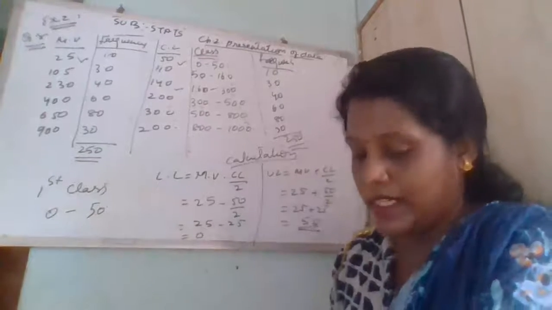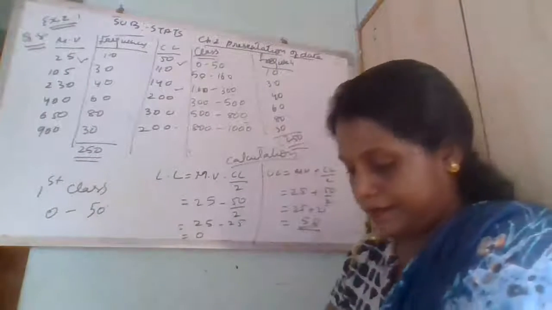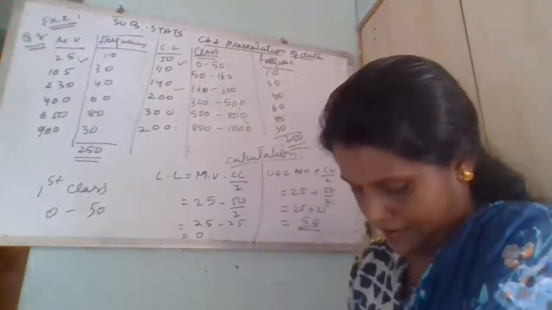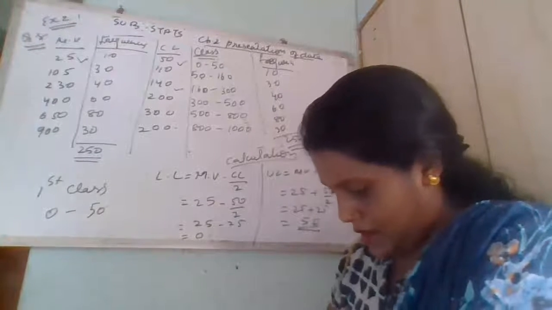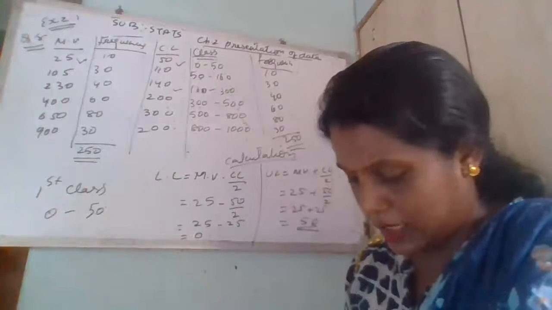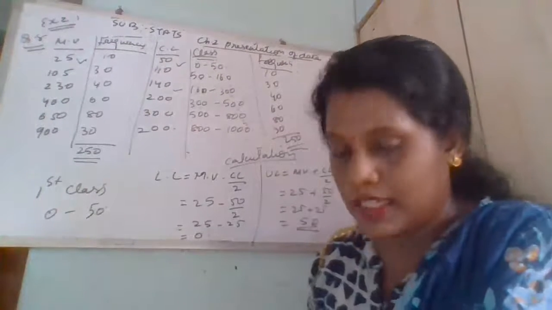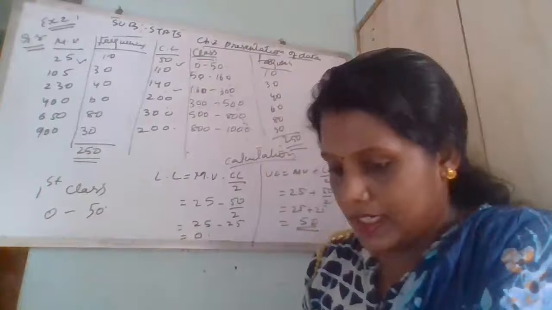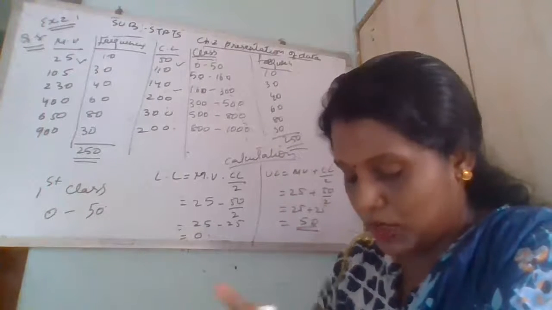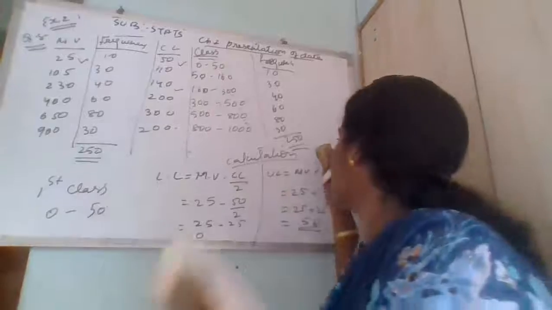Okay, now the next question is your ninth one. See, the ninth question: information regarding the number of accidents in a city during a year is as under. Find the inclusive continuous frequency distribution. Now you have to find an inclusive frequency distribution.